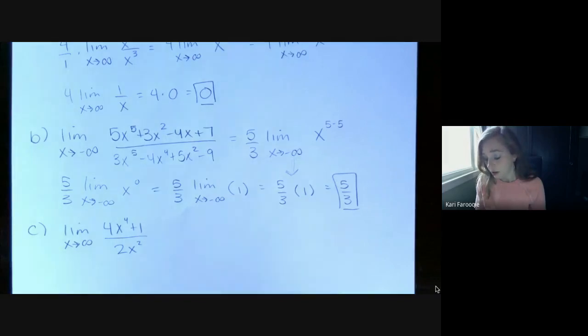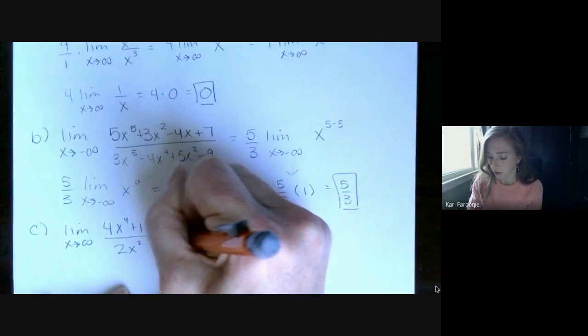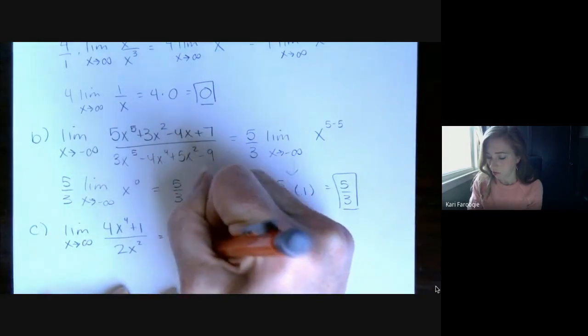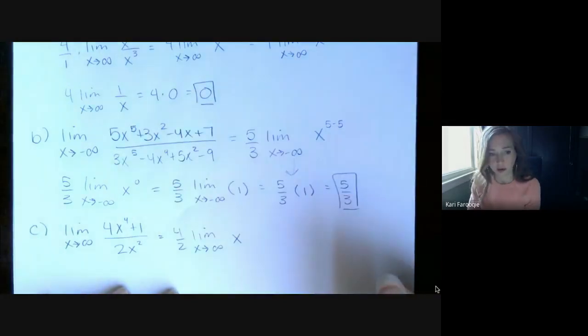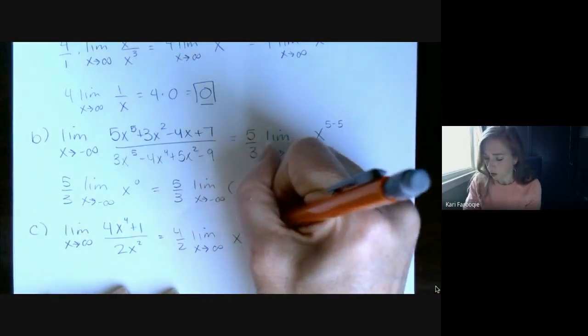And our numerator is written in descending order. Excellent. So go ahead and take out the ratio of the lead coefficients, multiply by the limit as x approaches infinity. Keep your variable to the 4 minus 2.